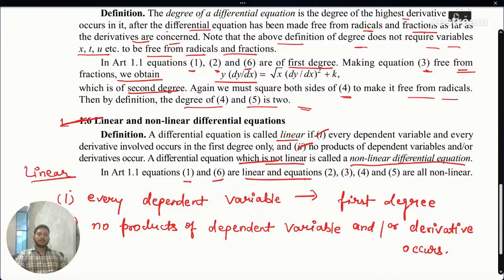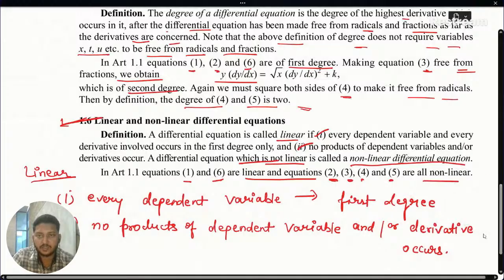First and sixth are linear differential equations because they have the two properties: every dependent variable is of first degree, and no product of dependent variable or derivative occurs. So examples 2, 3, 4 and 5 are all non-linear. These are the basic examples of linear and non-linear differential equations.